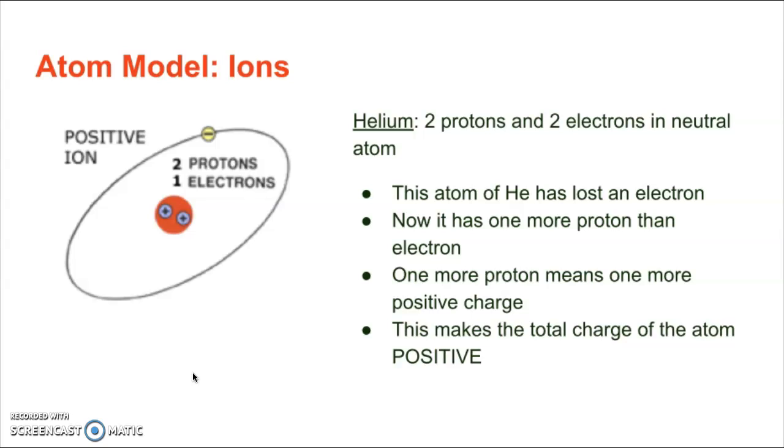So I have more positive than I do negative. And if you remember from our previous slide, an atom that has more positive than negative is a cation because it's positively charged.